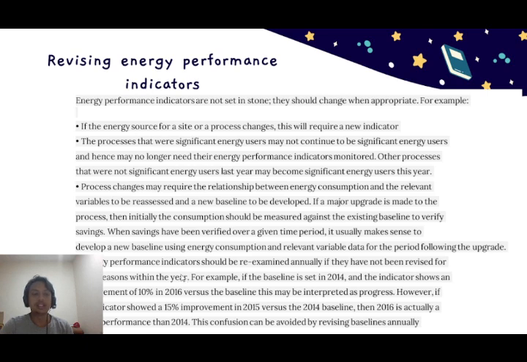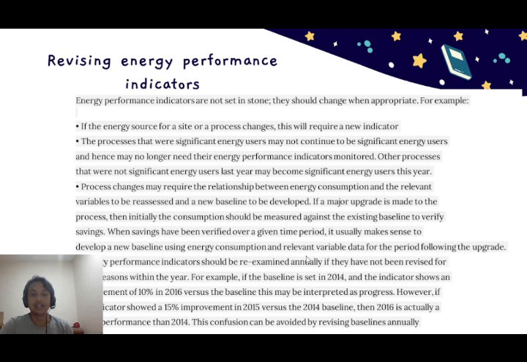And the last one is that energy performance indicators should be re-examined annually if they have not been revised for other reasons within the year. For example, if the baseline is set in 2014 and the indicator shows an improvement of 10% in 2016 versus the baseline, it may be interpreted as progress.